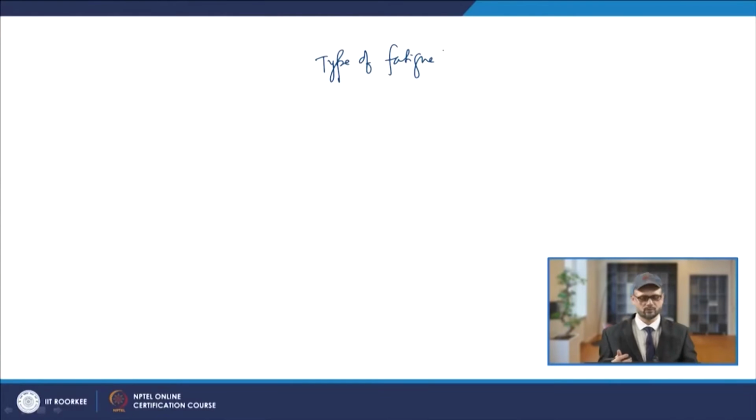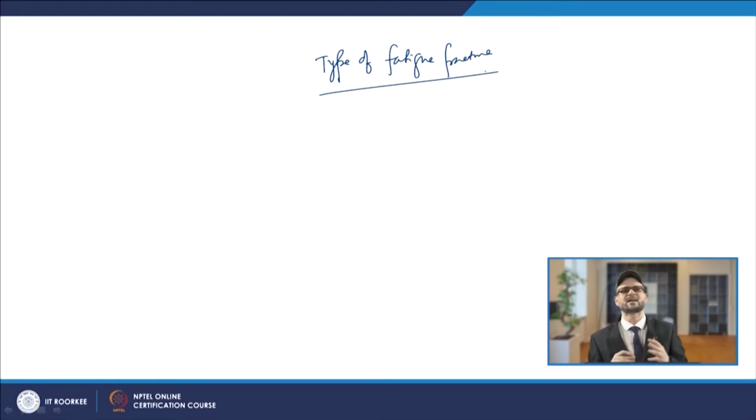Now, we should also know the types of fatigue fracture. In the case of fatigue fracture, as we have discussed, you have cyclic loading, and normally the component fails in terms of the number of cycles it has sustained.